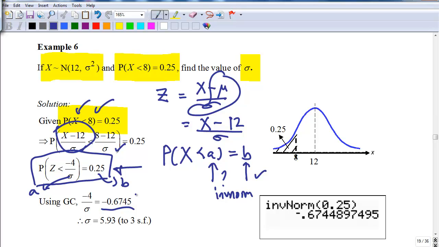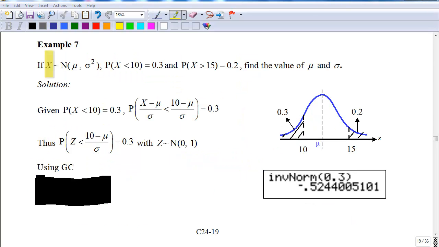This must be my A. What remains to be done is just to cross multiply and make sigma the subject. Done. So we have seen one example whereby sigma is unknown and I've used inverse norm to find what sigma is by standardization. Let's take a look at another example.